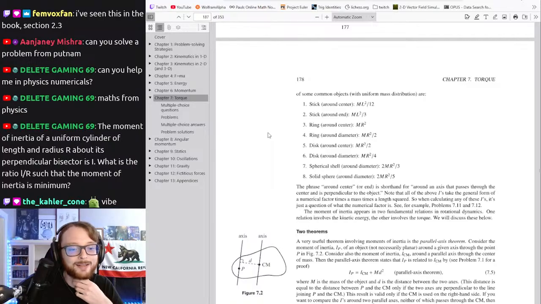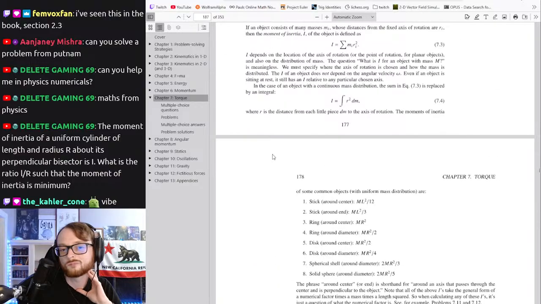Hey, collar cone. Do I not have it for a cylinder? I bet you could take the moment of inertia for a disk around the center and just multiply another dimension of length in there.